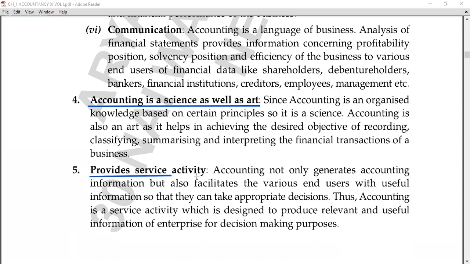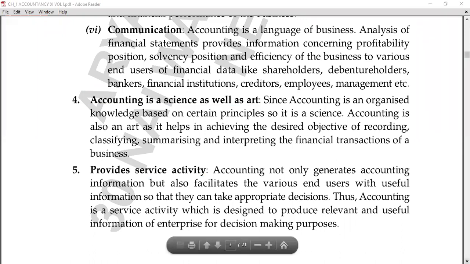Because we communicate the information to the users of accounting information, and after that communication, the users take decisions regarding the institution, regarding the organization, regarding the business.